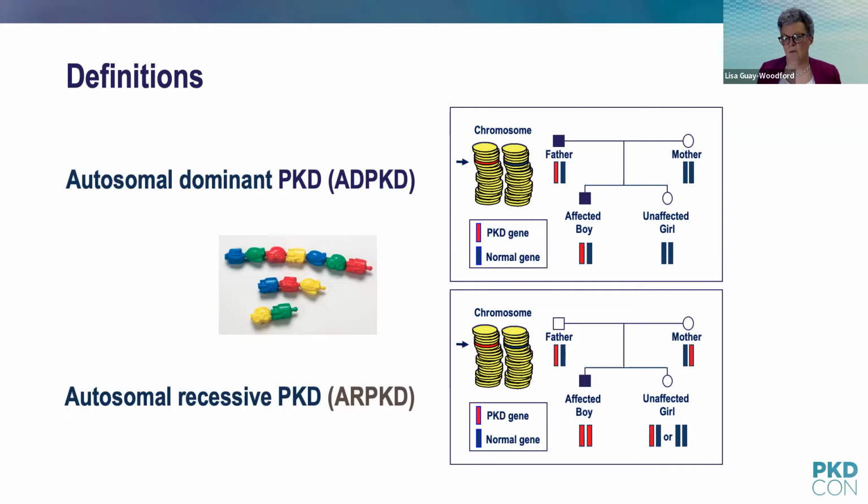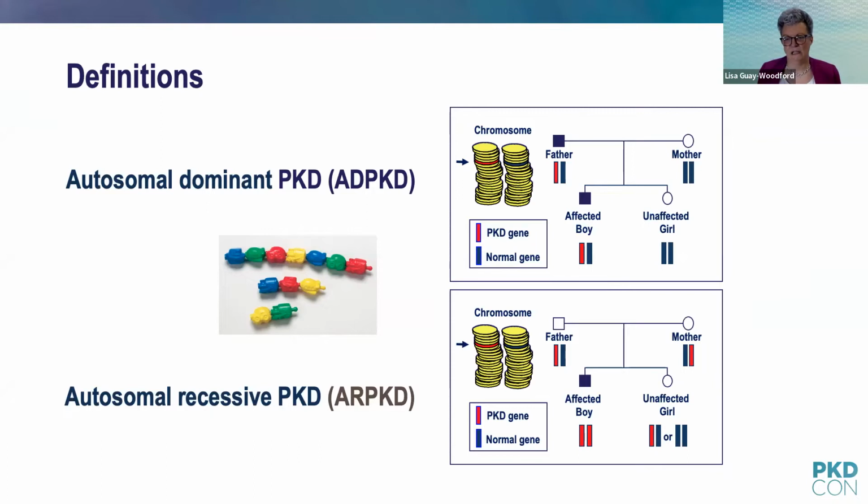In the dominant form of polycystic kidney disease, shown here in this upper squared part of the diagram, the father is carrying an abnormal version of a PKD gene and entirely by random transmits it to his son, who now becomes his affected son. Whereas the father transmits the normal allele, shown here in blue, to his daughter, and so she is unaffected.